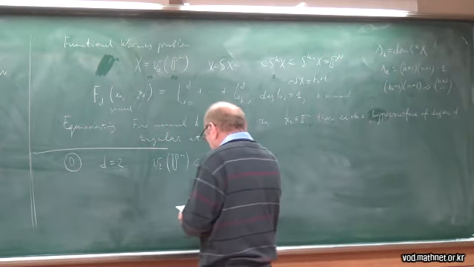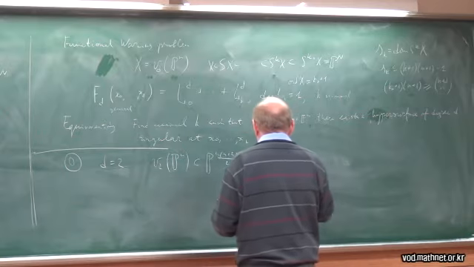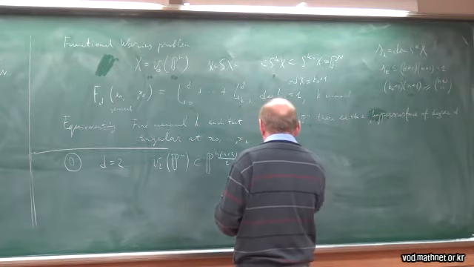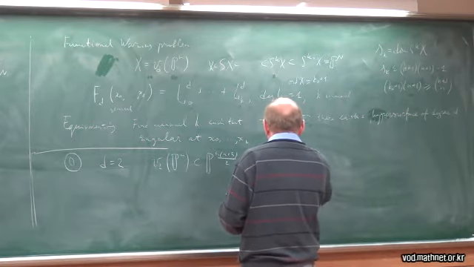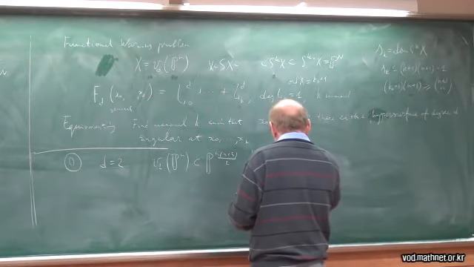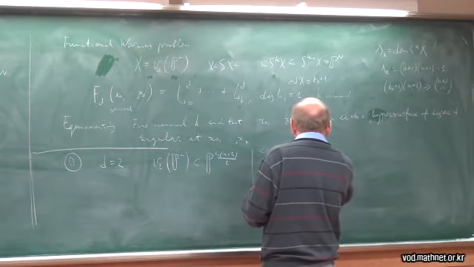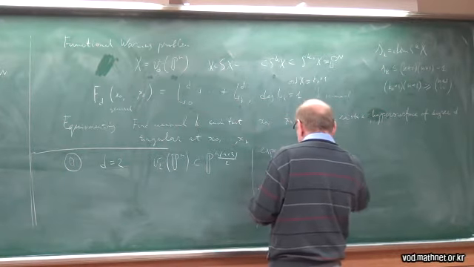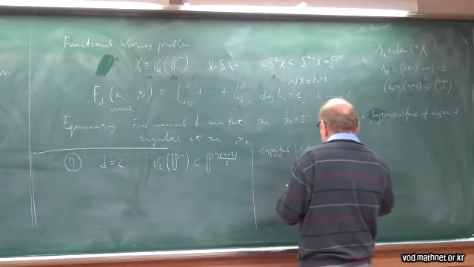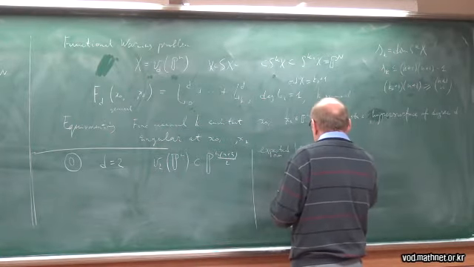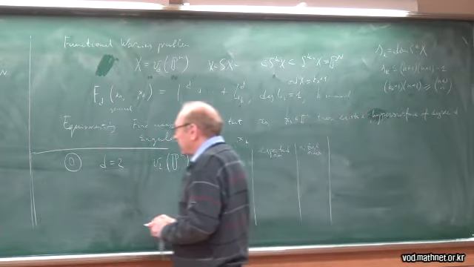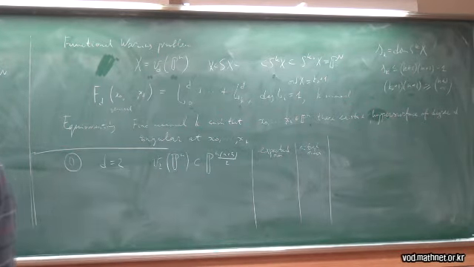So in this case, for example, I'll write a table: expected order, actual order, and maybe some comments. In this case, the question is how many squares of linear forms are needed to represent a general quadratic form.